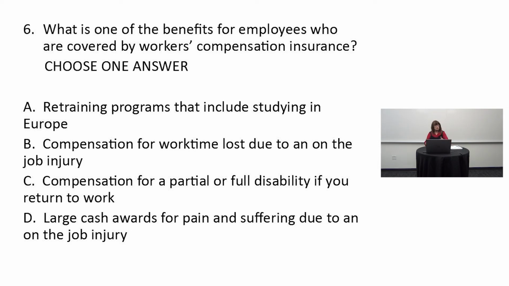D, large cash awards for pain and suffering due to an on-the-job injury. Got your answer? What is one of the benefits for employees who are covered by workers' compensation insurance? Answer we're looking for, B, compensation for work time lost due to an injury.